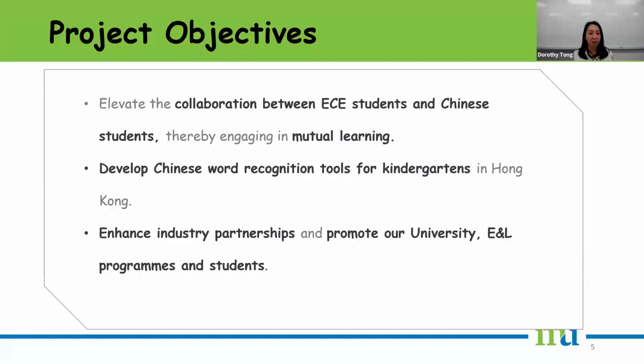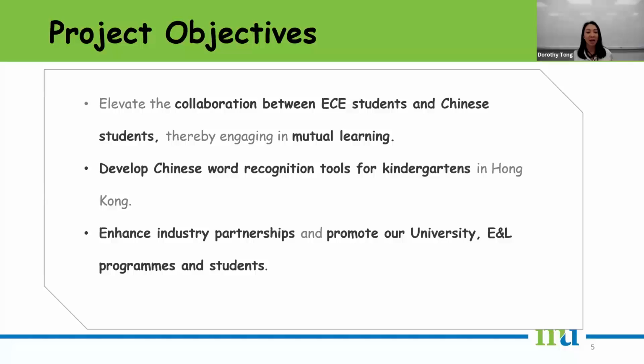Finally, we would like our students to be able to publish Chinese word recognition tools for the local kindergartens in Hong Kong. So in the final stage, we will produce sets of word recognition tools and send them to the kindergartens in Hong Kong.